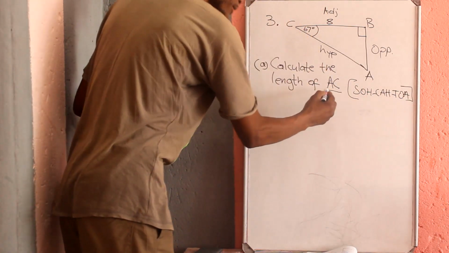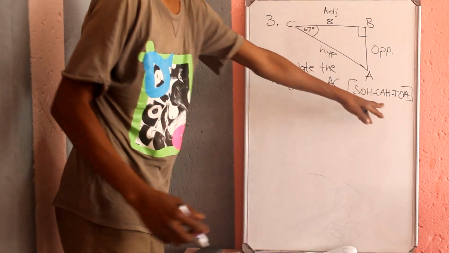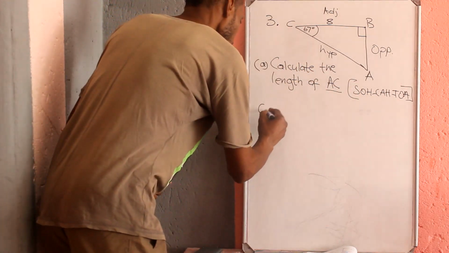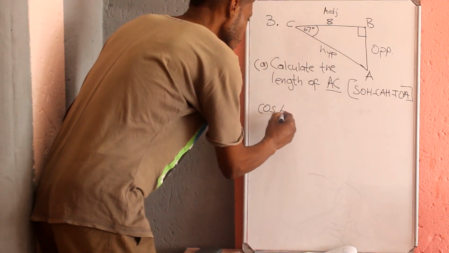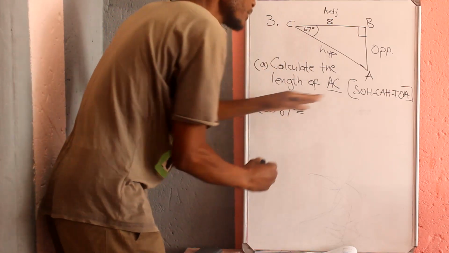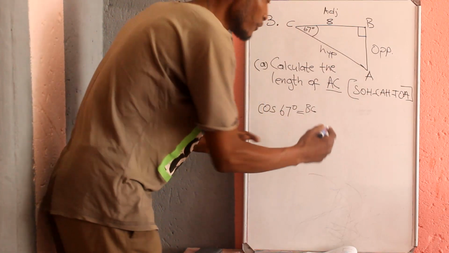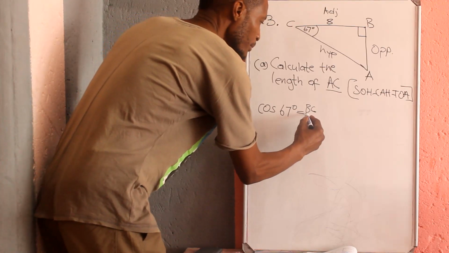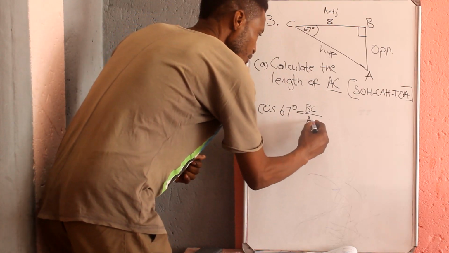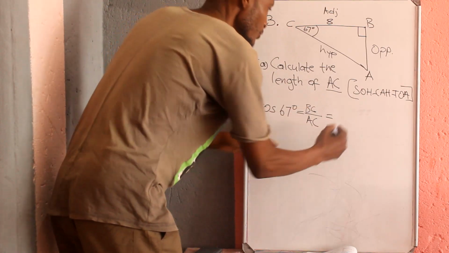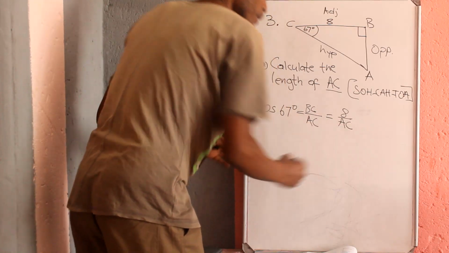Now we're looking for the length of AC, that would be your hypotenuse. The relationship between a hypotenuse and the adjacent side is always going to be your cos. Therefore cos 67 degrees will be equal to the adjacent side, which is CB or BC for better alphabetical order, BC over AC, which is your hypotenuse, and that gives you 8 over AC.